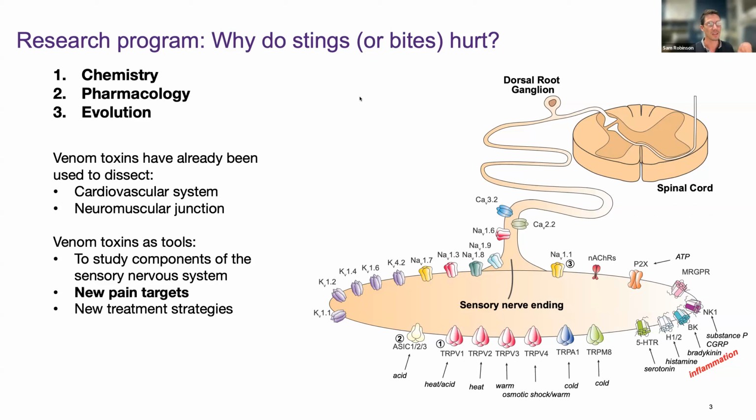But because they've evolved to cause pain, why not use them to understand the sensory nervous system as well? That's what they've evolved to target. What I mean by that is, different toxins might be targeting different components of our sensory nerve endings, for example different ion channels or receptors involved in pain signaling. We might be able to use them to identify new pain targets, so a new ion channel that we didn't know was involved in pain.